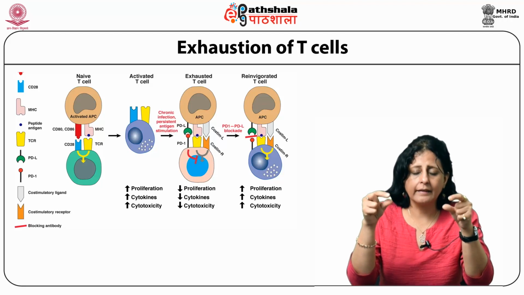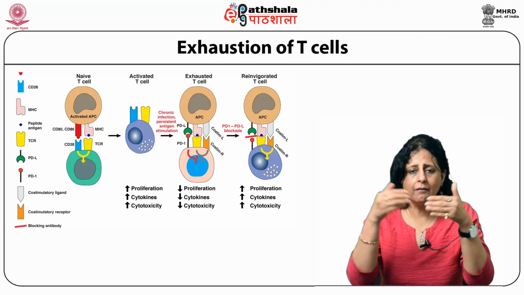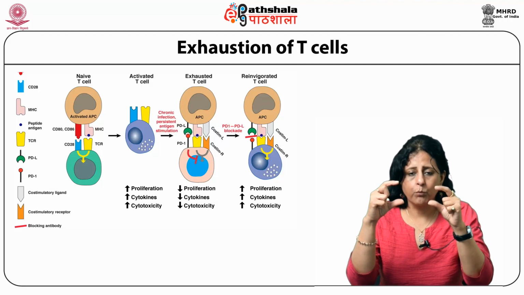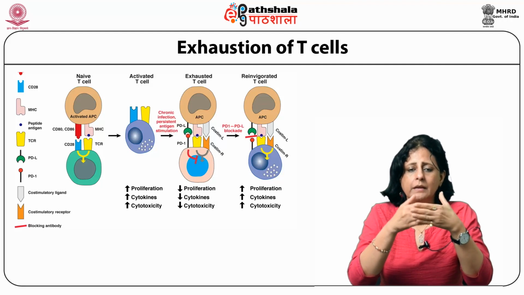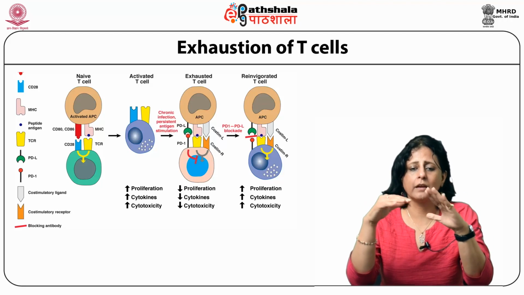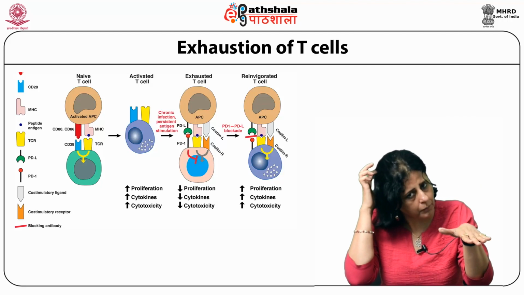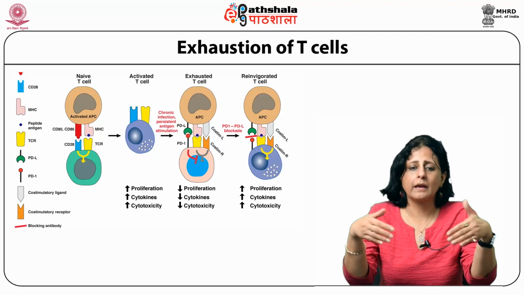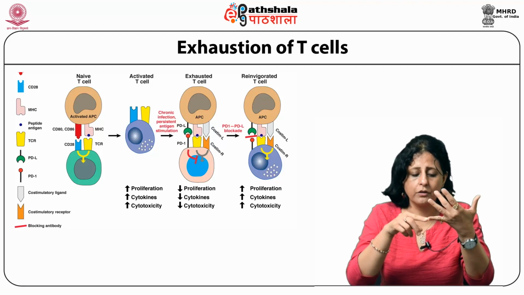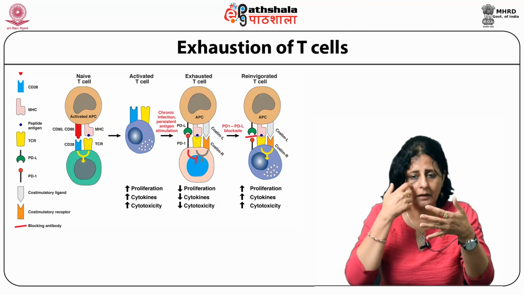Now they can bind with the APCs which have the PDL1 ligand, and when PD1 and PDL1 combine, the T cell downstream signaling is inhibited. That downstream signaling does not make any cytokines for proliferation, and does not make interferon alpha to clear the virus.